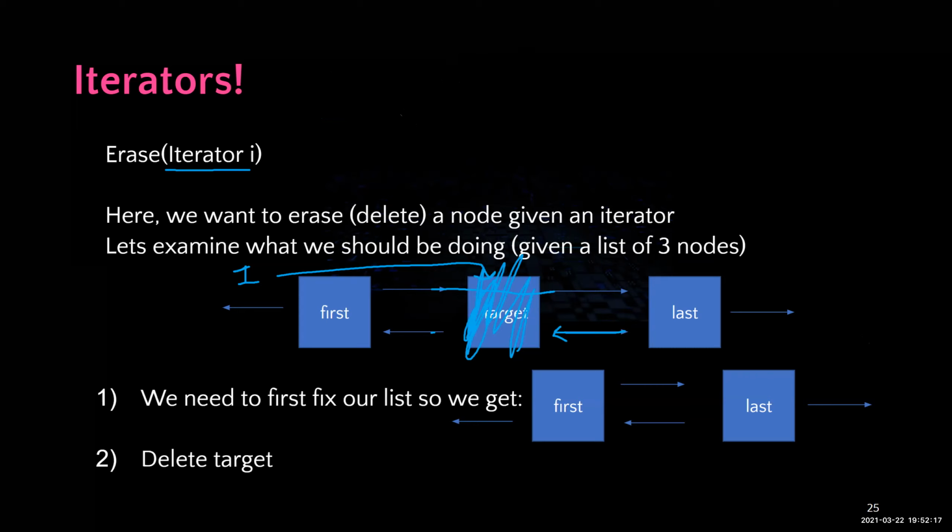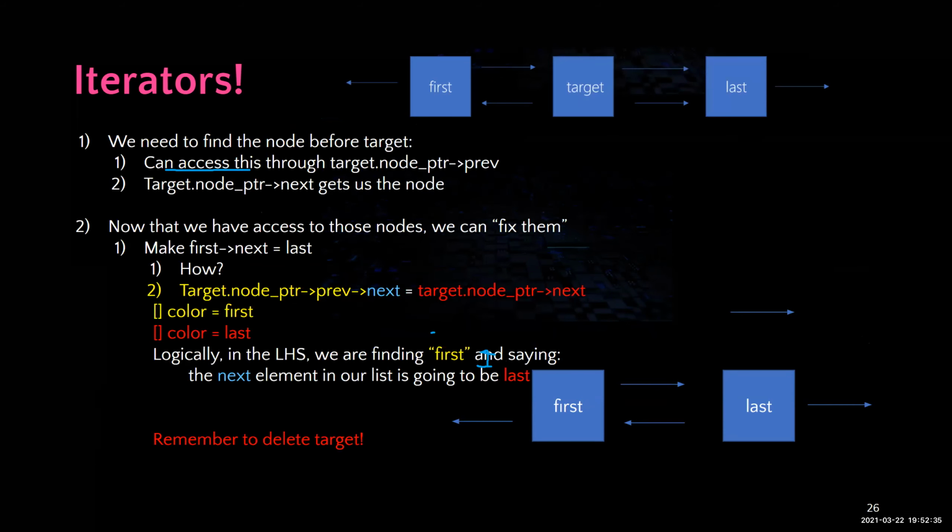Okay. All right. So again, we have this list right here. Our iterator I is going to point to target like this. And our goal is to go ahead and delete target and fix our pointers so they work like this. So what are our steps? What we have is iterator I, and that points to target.